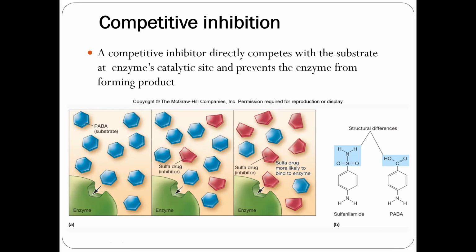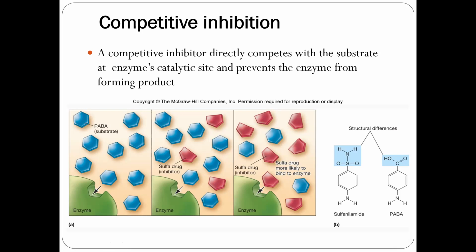They need a precursor called PABA. PABA reacts with an enzyme, then forms folic acid. Now you have a sulfur drug, whose morphology is very similar to PABA. So instead of PABA, the sulfur drug attaches to the enzyme. They are competitors. Therefore, PABA cannot attach to the enzyme, so the reaction does not happen, the folic acid is not generated, and the bacteria are inhibited from growing. So this is called competitive inhibition.